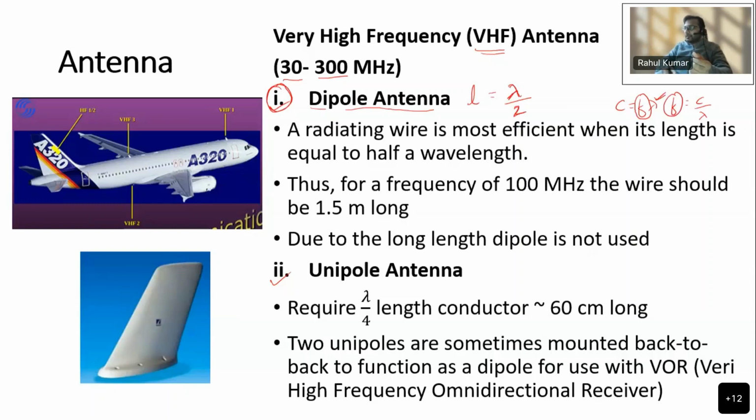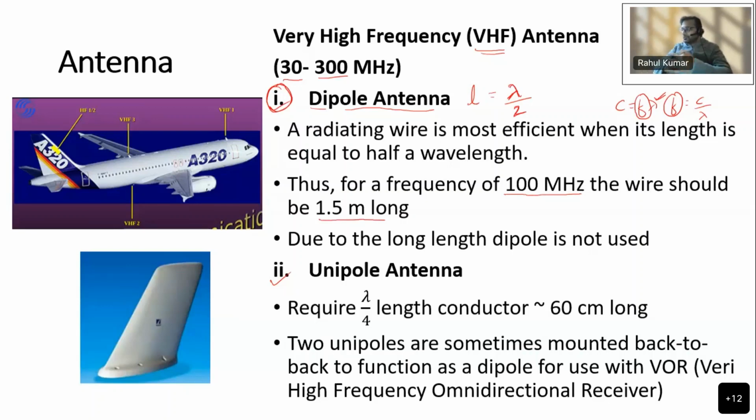So for example, in this VHF range, if we are willing to transmit our signal at a frequency of 100 megahertz, the wire which we will use as an antenna should be 1.5 meters, which is quite long.